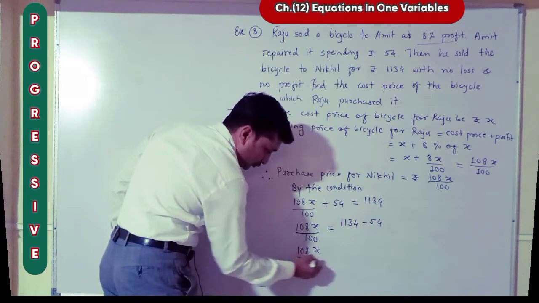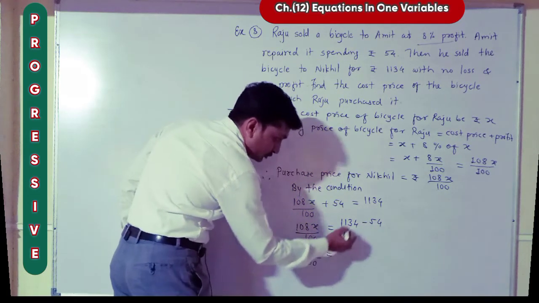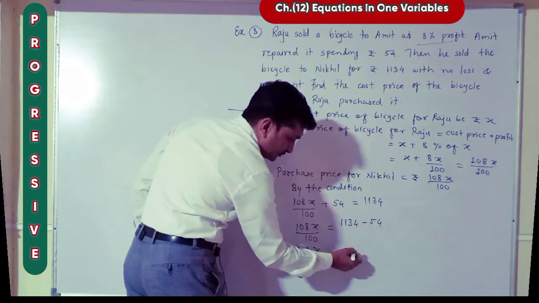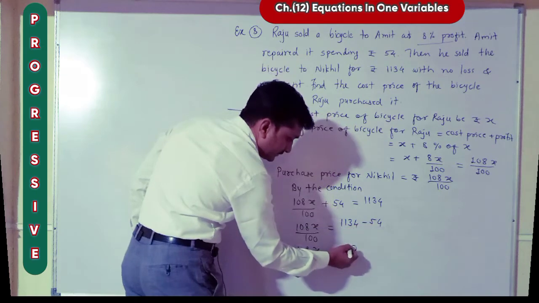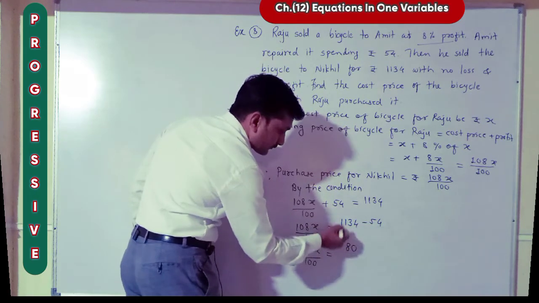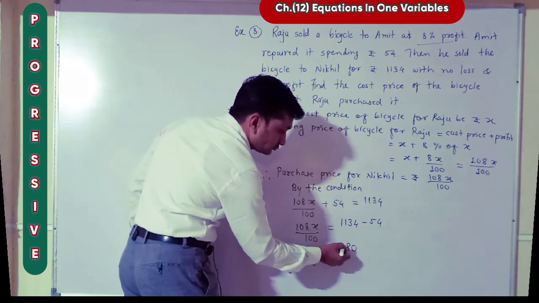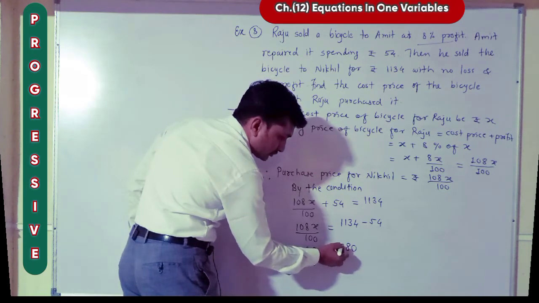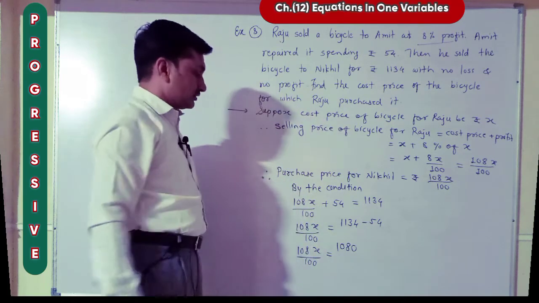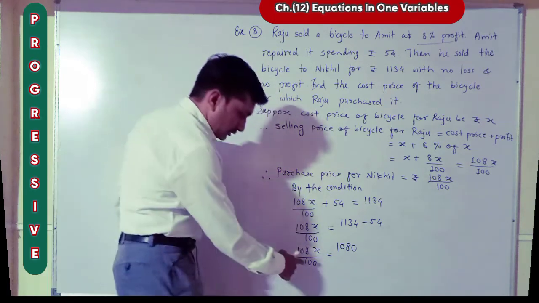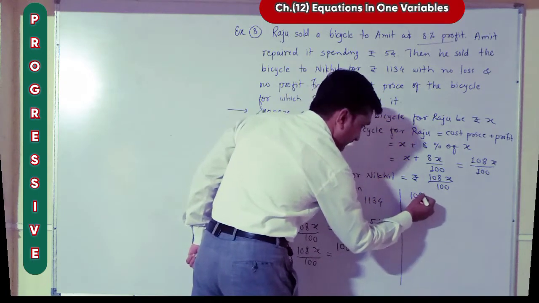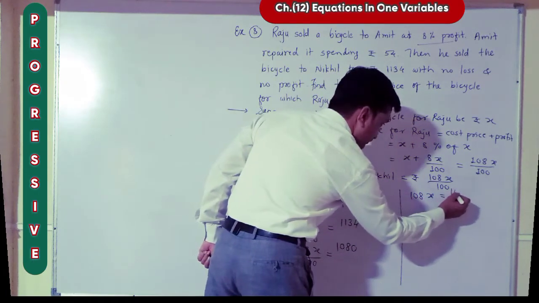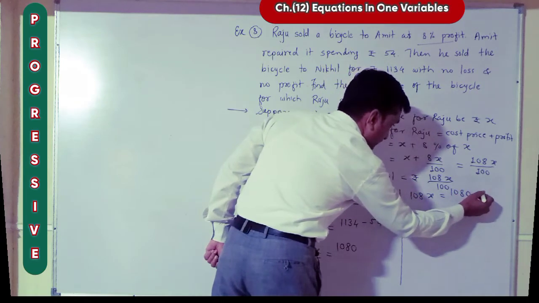Now subtraction: 4 minus 4 is 0, 13 minus 5 is 8, and here 1, 0, 1, so 1080. Now this 100, here I continue, 108x is equal to 1080 multiplied by 100.